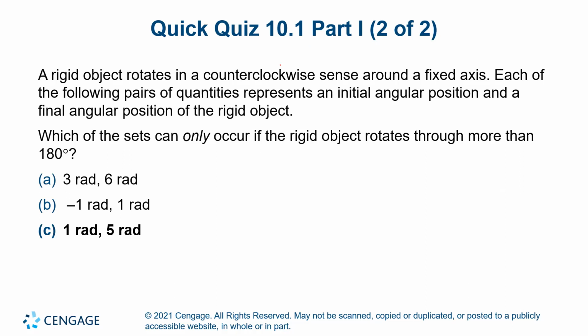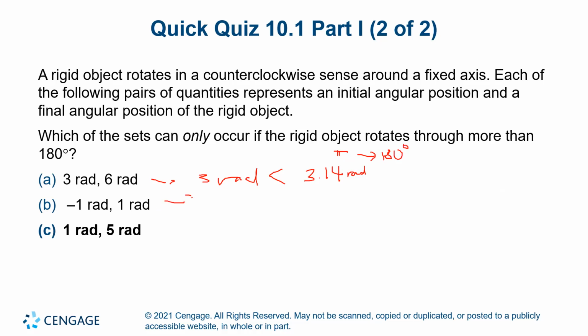The angular displacement in the three choices: for letter A, the angular displacement in this case is 3 rad, but that's less than 3.14 radians, which is pi, or 180 degrees, right?